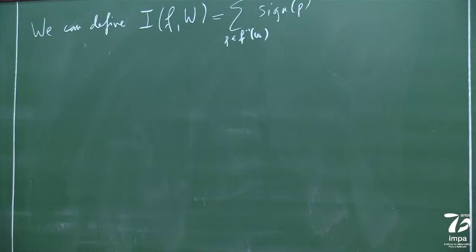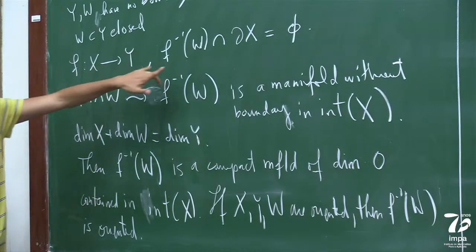Okay? But the thing that's a little subtle here is that, first of all, if you want to homotope the function, you can't homotope the way you want. You have to homotope in a way as to preserve this condition.